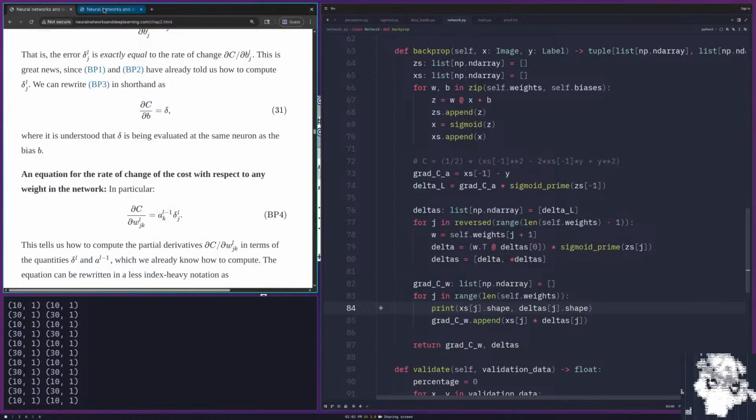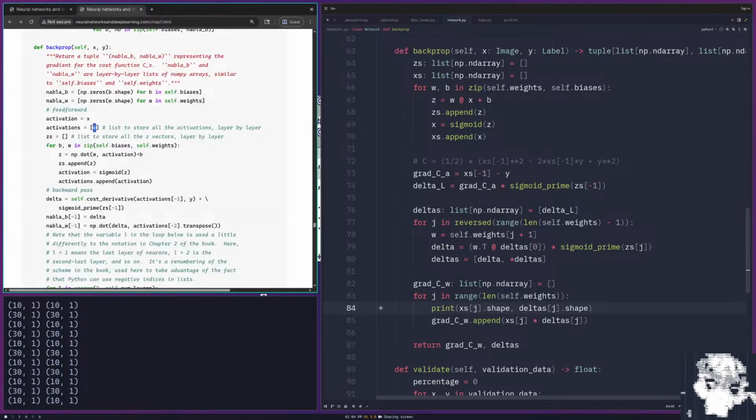I completely missed that this was turning into a matrix. Activations is a vector, delta is a vector. It doesn't specifically say that what you're supposed to do here is transpose one of them and turn the result into a matrix. I just missed that. I didn't realize that's what we were supposed to do. I wonder if it matters which one gets transposed.